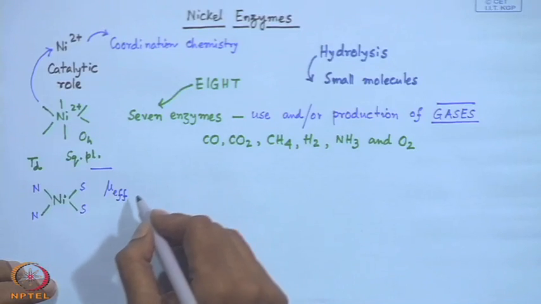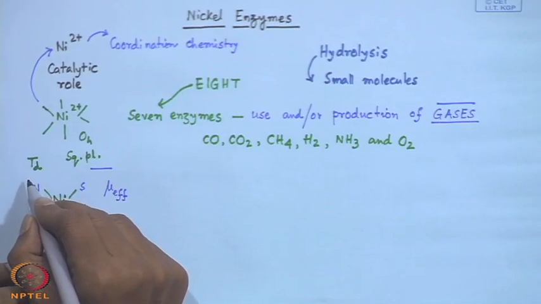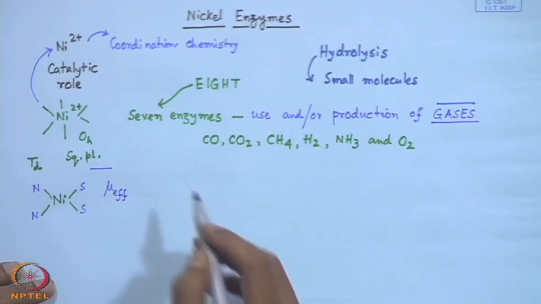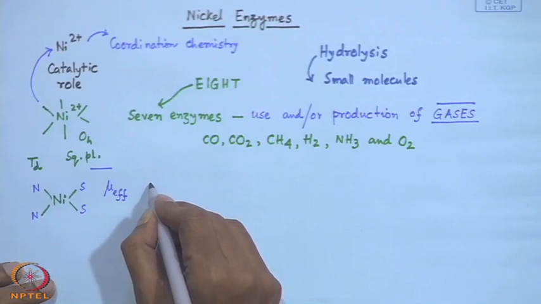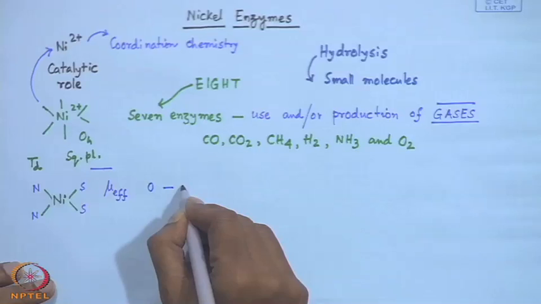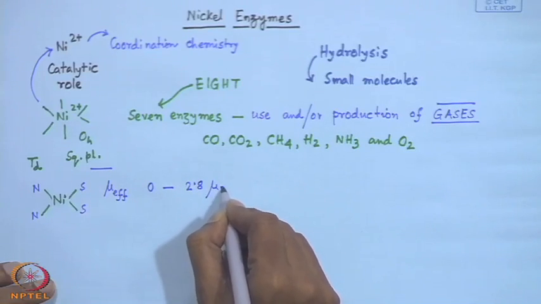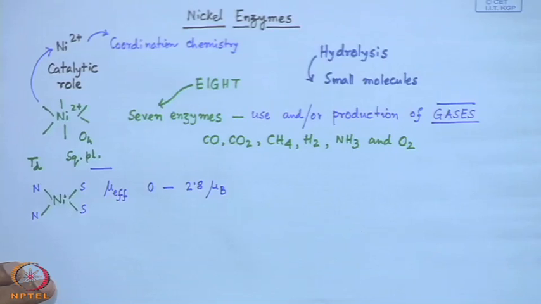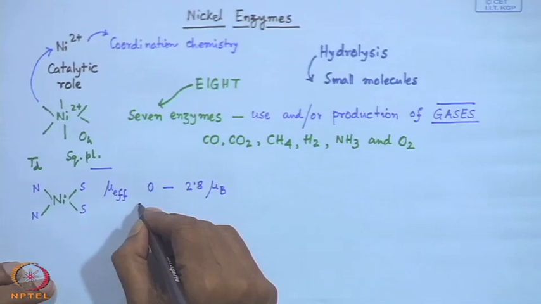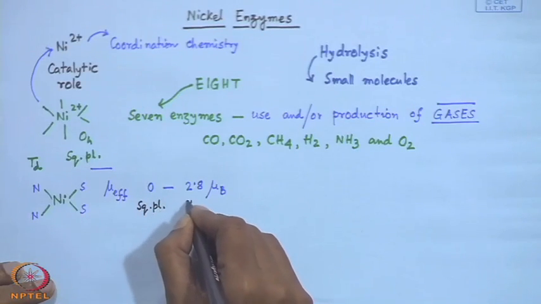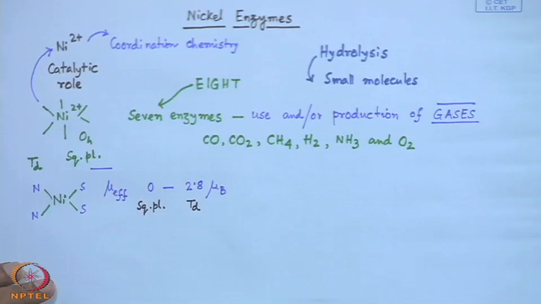So, you have 2 electron paramagnetism for a tetrahedral geometry and a diamagnetic environment in square planar. So, if we have a range of 0 to 2.8 μB, at one end we have square planar and at the other end tetrahedral.